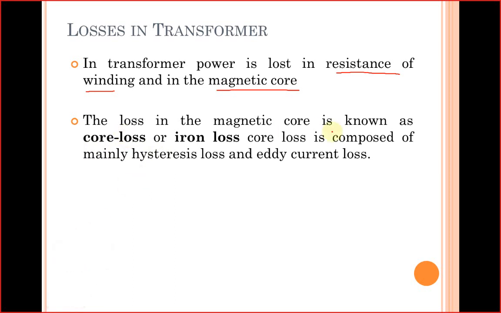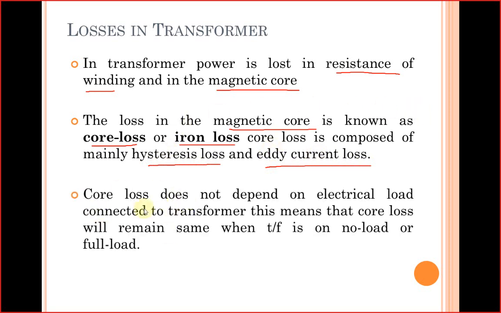The loss in the magnetic core is known as the core loss or iron loss, because the magnetic core is made up of iron or some steel or laminated steel. And these losses are further divided into two types, which are hysteresis losses and eddy current losses.